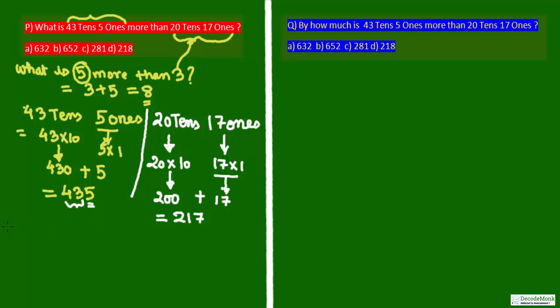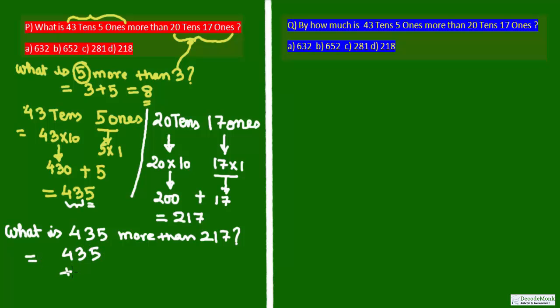Now if we make the question much clearer, we can write, what is 435 more than 217? Now I think this makes a clearer sense. So now if you add 435 plus 217, 5 plus 7 is 12, carry 1, 5, 2 plus 4 is 6, so 652.